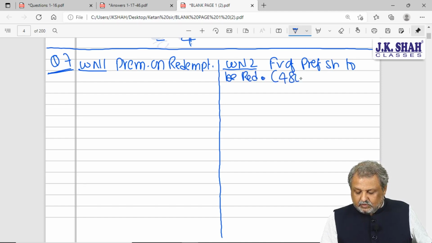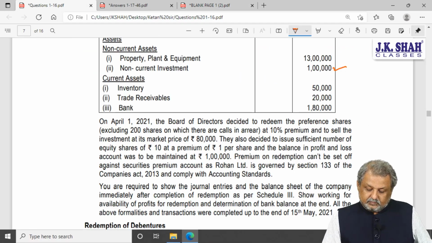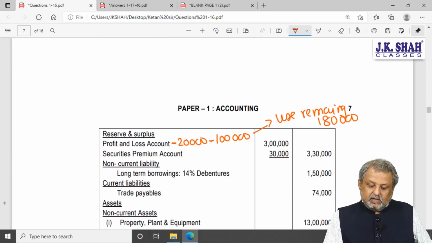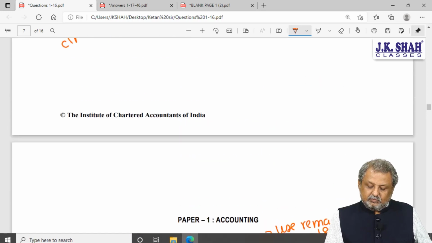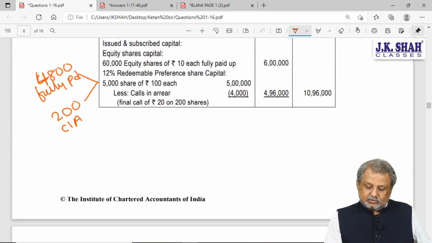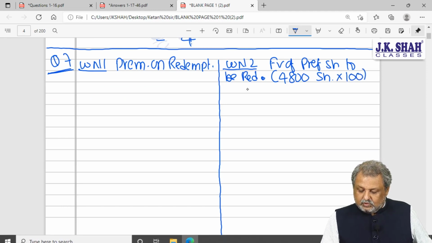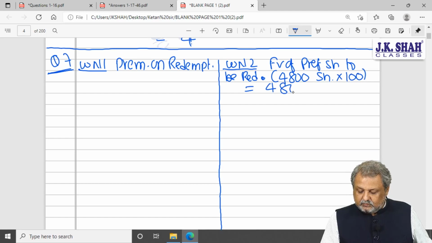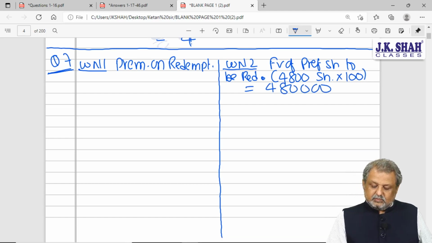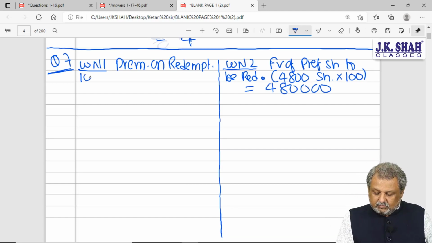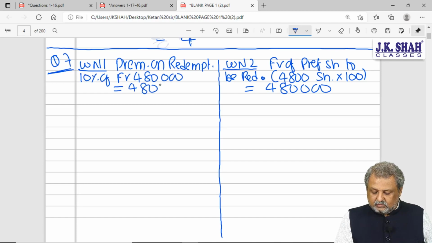So 4,800 shares and each share of rupees 100 each. So the total face value is 4,80,000. Premium on redemption will be 10% of face value 4,80,000, that is 48,000.